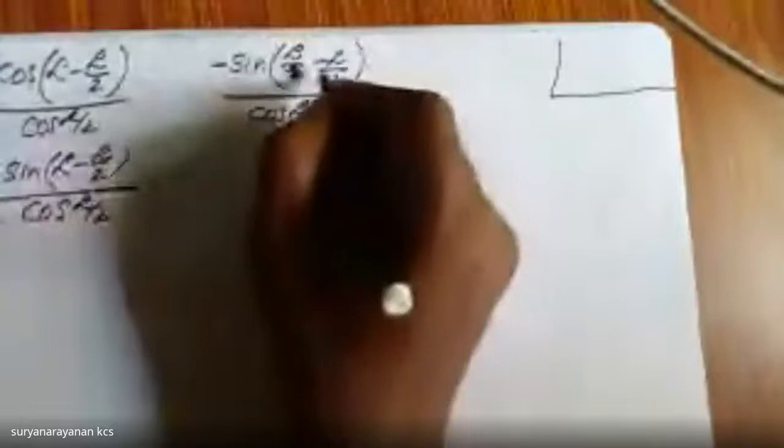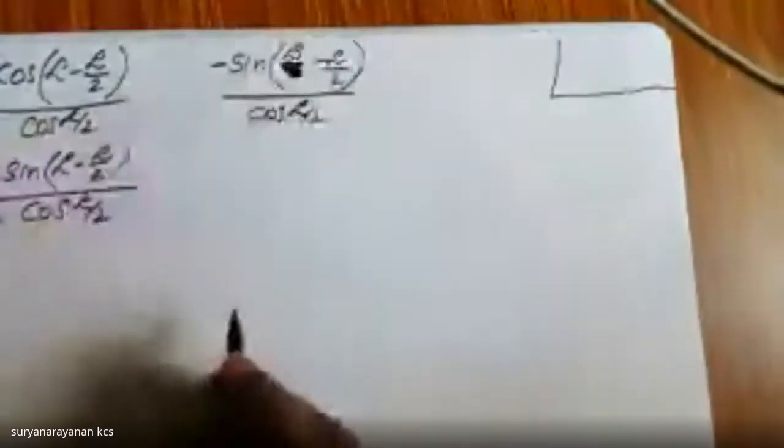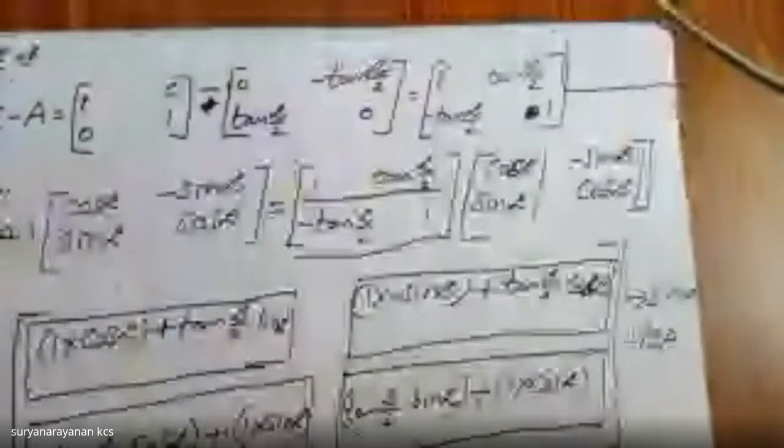Here we take alpha minus alpha by 2, then it will be convenient for us. And finally, here also cos alpha cos alpha by 2 plus sin alpha sin alpha by 2 is cos of A minus B, cos of alpha minus alpha by 2. The denominator we are writing as it is.